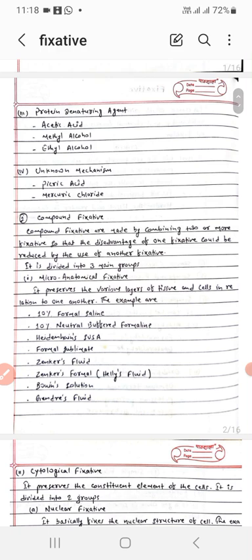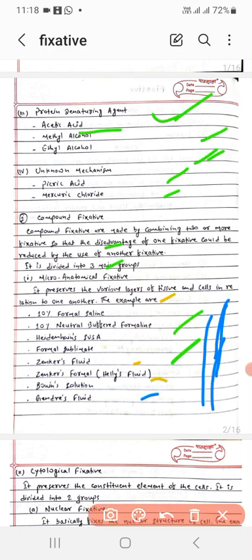Number 3, protein denaturing agent: acetic acid, methyl alcohol, ethyl alcohol. Unknown mechanism. There are some fixatives whose mechanism of fixation is not known, and these are picric acid and mercury chloride.